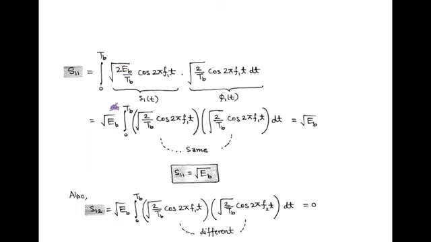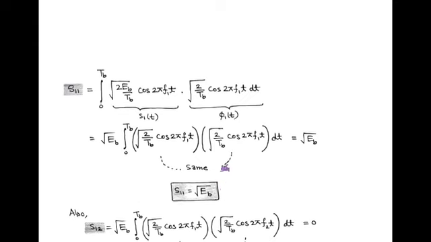Now from S1(t) we can separate square root of EB, and within the integration we have two functions that are the same function, and according to the orthogonal property the value of integration is 1. So the value of S11 is equal to square root of EB, and this square root of EB is called the amplitude level corresponding to symbol 1.